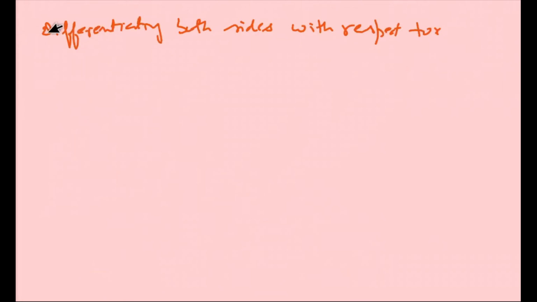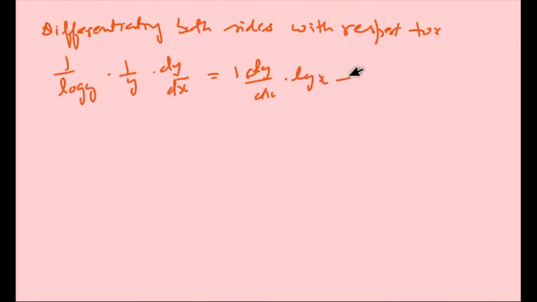So we can write here 1 upon log y, differential of log y and implicit function, therefore it is dy by dx equal to, using multiplication formula, differential of y, and we write dy by dx into log x plus y into differential of log x, 1 upon x, and differential of log a, that is constant, it is 0.